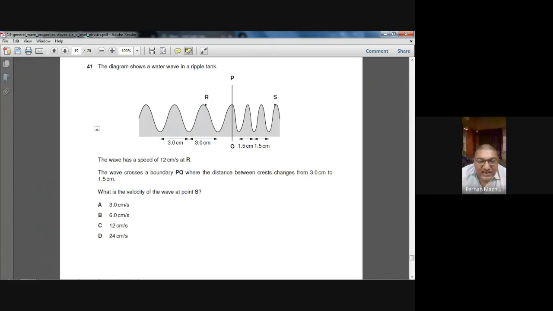The wavelength in the shallow water is 1.5, so I can calculate the velocity: 4 multiplied by 1.5 is 6 centimeters per second. So B is the right option. I hope you have understood this numerical.